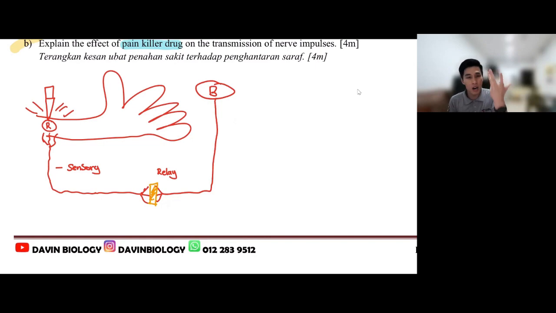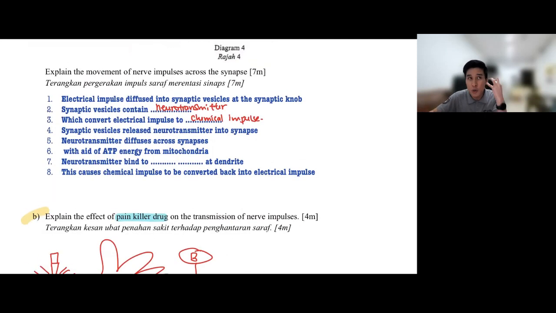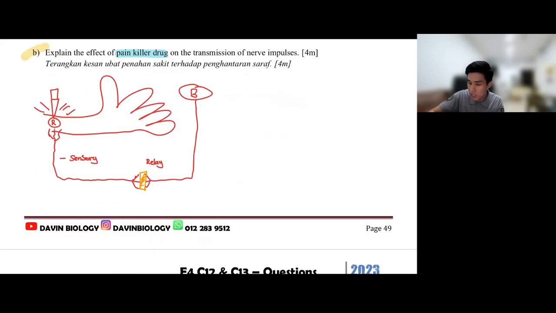Okay, so how does this happen? Now, number one, we have many kinds of neurotransmitter, as we mentioned. So there's actually a neurotransmitter that carries pain signal. Painkiller drug will specifically break down the neurotransmitter, not all, but as many neurotransmitters as possible that carry the pain signal. So that's the first thing we're going to say here.